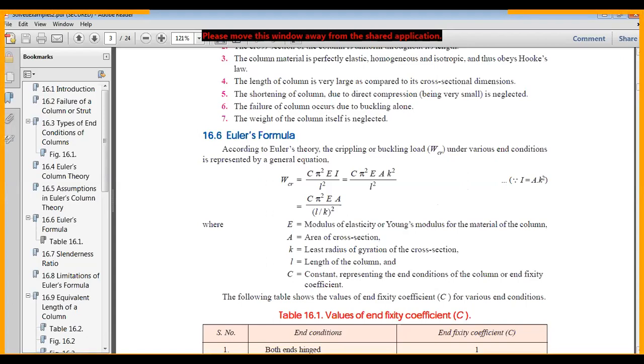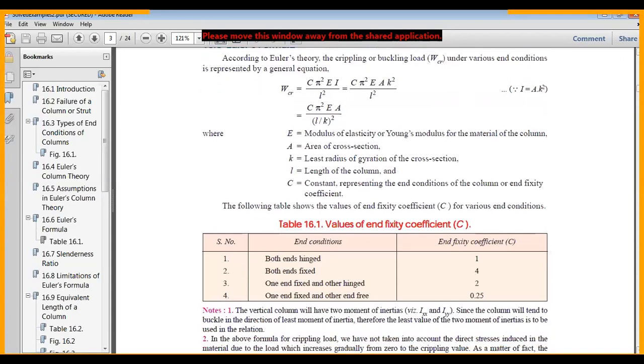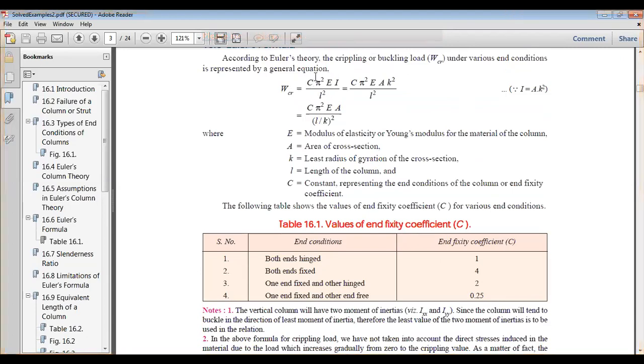So we see the values of C are equal to 1, 4, 2 and 0.25. If both ends are hinged, that means it can rotate in a plane, and it can go in either direction. It is not constrained.